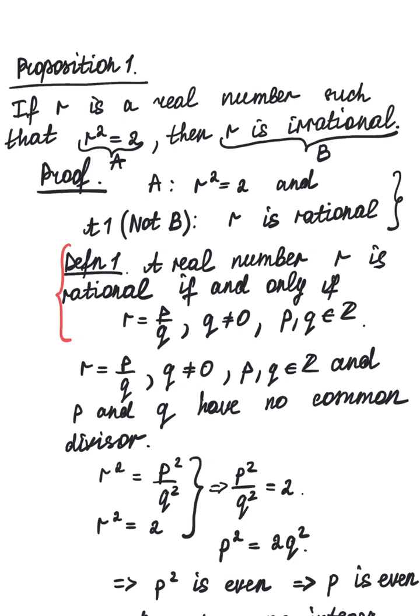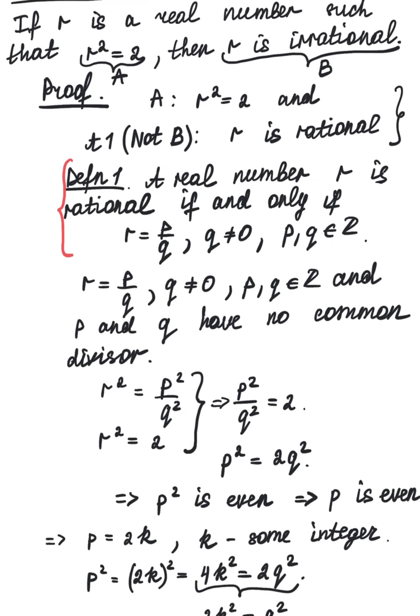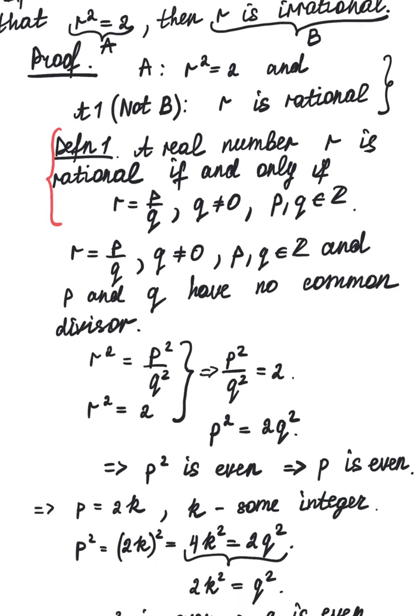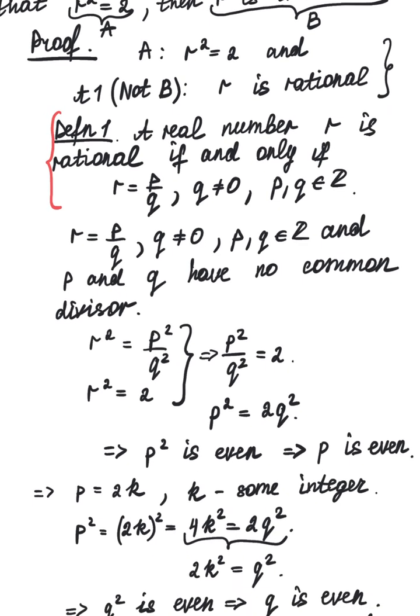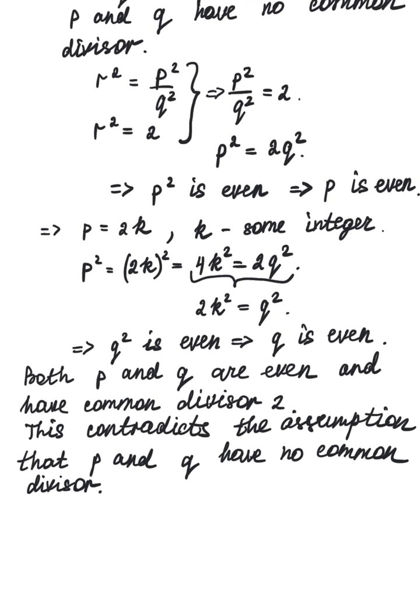Using that information and statement A, we reached a contradiction by doing algebraic manipulations. So this means that r is irrational.